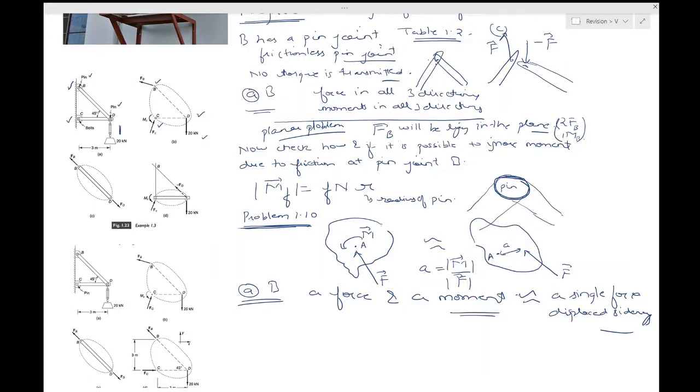So you have FB and a moment due to the friction at B, and they act at the same point, which is the center of the pin. This system of one force and one moment can be taken as equivalent to only a force which is displaced by a certain distance.